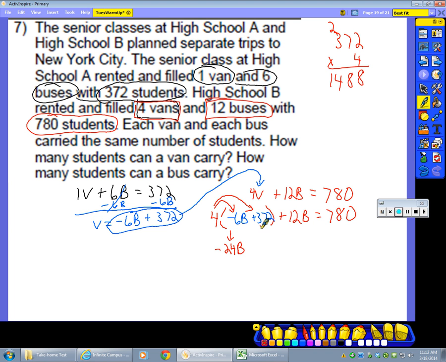So we got 1488, a positive 1488, plus the rest of my equation, plus 12b equals 780. I'm going to combine the negative 24b and the positive 12b, and that gives me a negative 12b. And don't forget the rest of your equation.